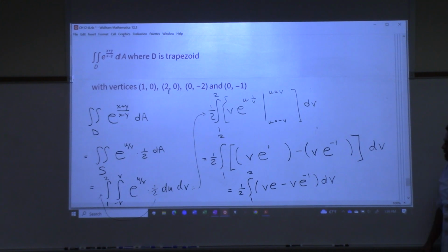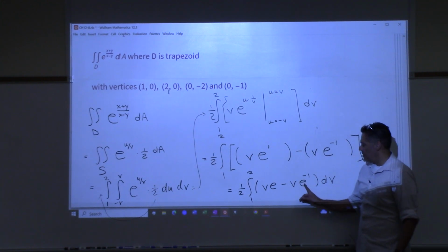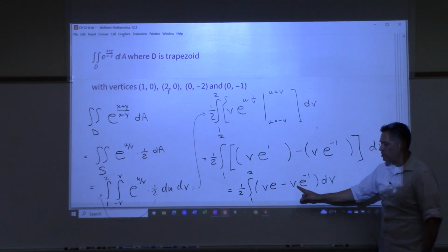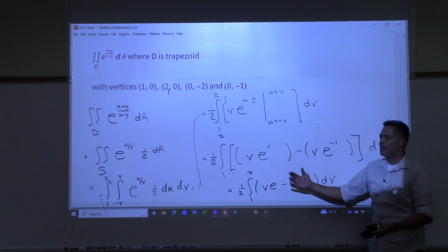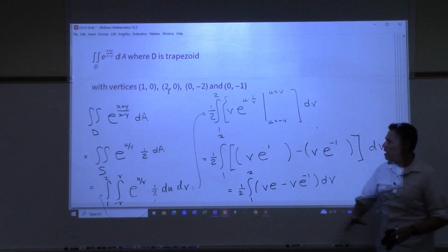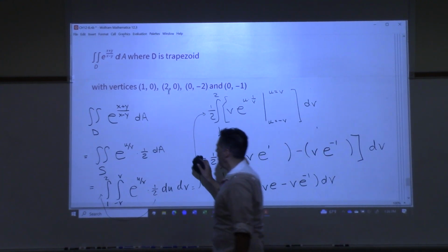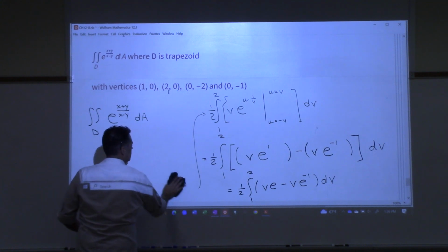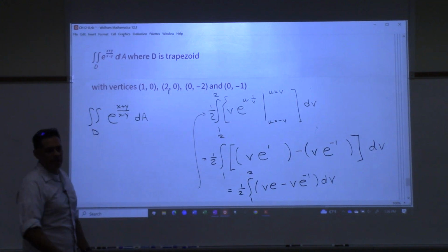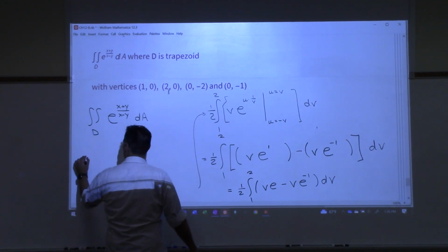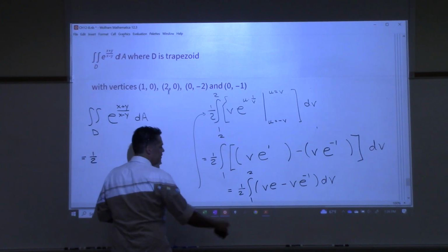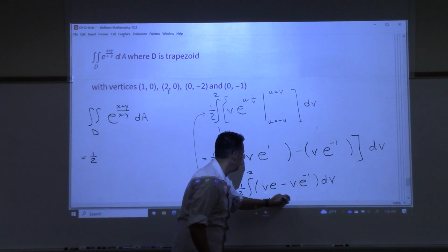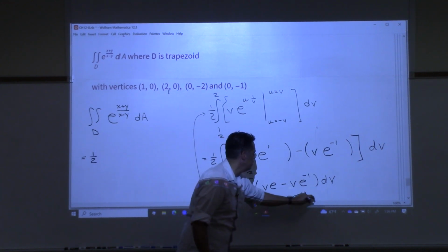And these are just constants, right? e to the negative 1, e to the first power. So I'm just going to take the antiderivative of each of these. I could also factor v out and pull the constant out. There's a lot of different things I can do here. Yeah, let me do that because it'll just be fun. If I take the 1/2, factor a v out of both of these, you're left with e minus e to the -1 like that.